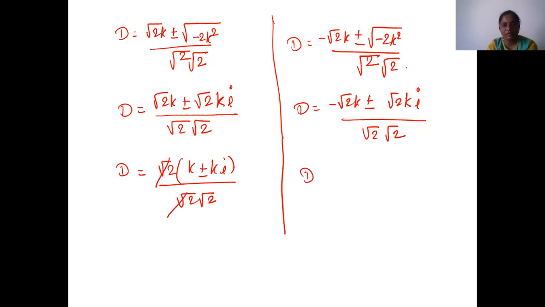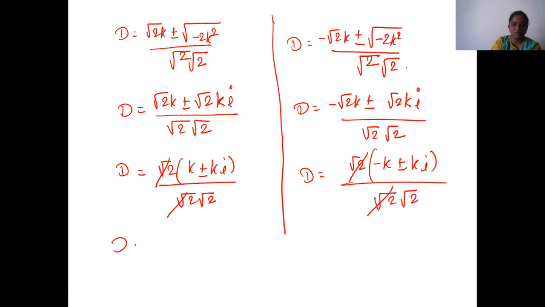And similarly here D is minus root 2k plus minus root 2 root k square. Taking root 2 out, what remains inside is minus k plus minus ki upon root 2, and one root 2 gets cancelled.